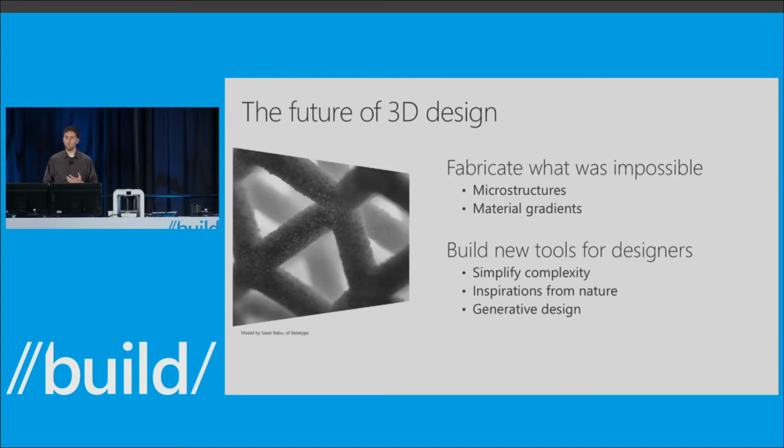There are printers that can do material gradients. You can actually continuously change a material, like the mixture of an alloy or the mixture of a composite across a part. So suddenly you don't have these sudden junctures where you go from stiff to flexible and have your part tend to break there. Now you can smoothly transition that across. We've never been able to do that before.